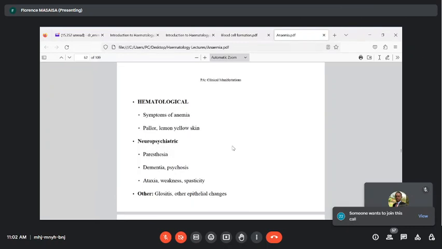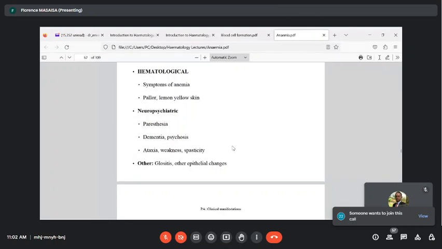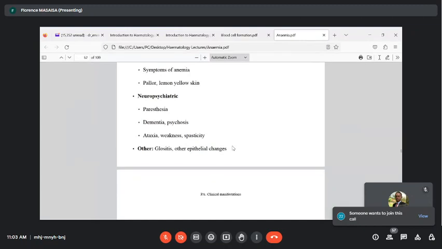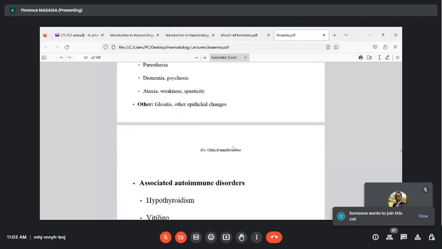Adding this, they may also have neuropsychiatric symptoms: paresthesia, dementia, psychosis. Some people come with behavior changes, ataxia, weakness, or spasticity. We have also seen patients come with paralysis of the lower limbs due to severe deficiency in vitamin B12. Other manifestations include glossitis or other epithelial changes.